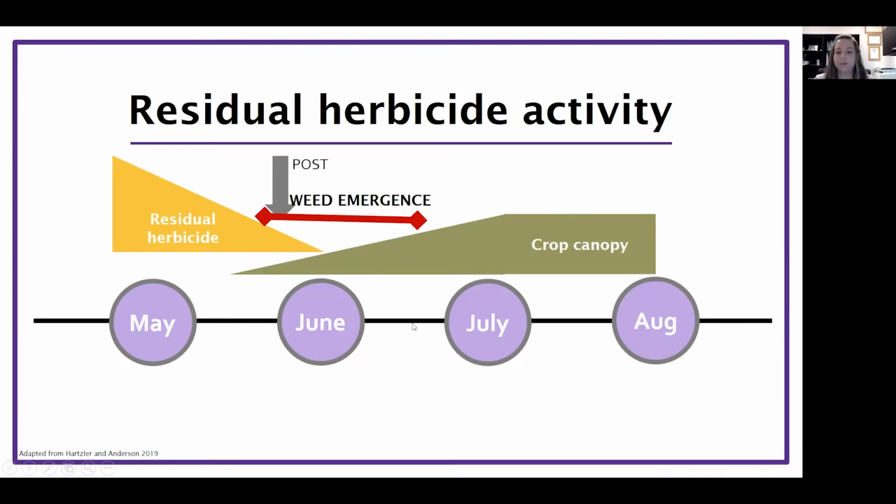So thinking about the development of your crop, the characteristics of your residual herbicide, and your environment can help you figure out how to best utilize residual herbicides throughout the growing season. Again, just to illustrate, when we apply that residual herbicide with our post-emergent herbicide application, we extend the length of activity of that residual herbicide in the soil and can prevent weed emergence for a longer period in the crop.